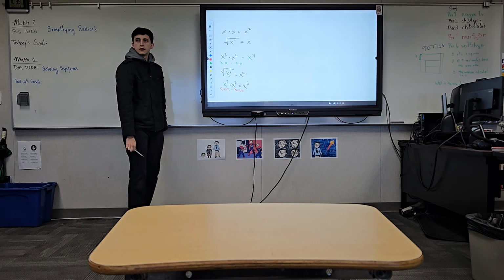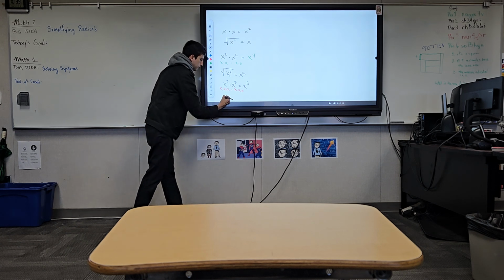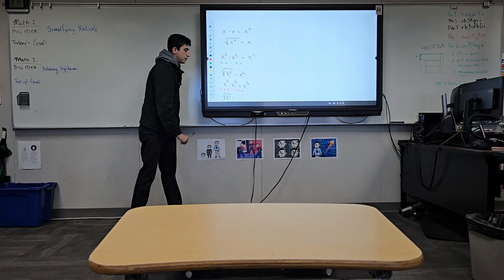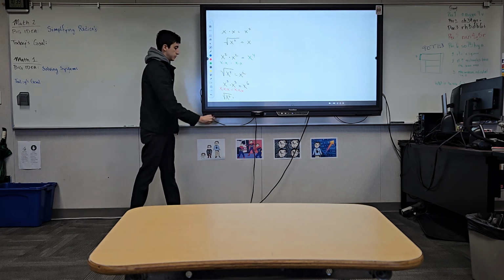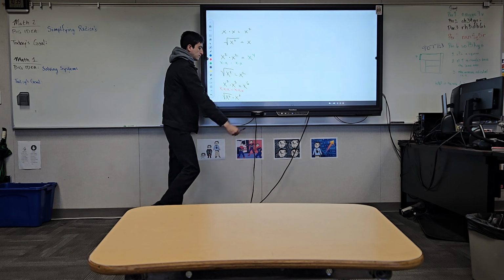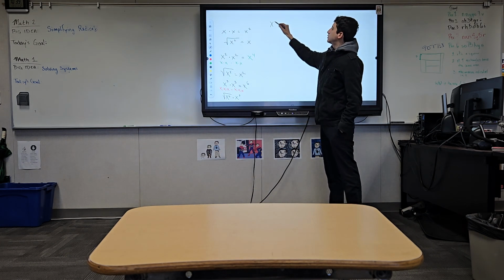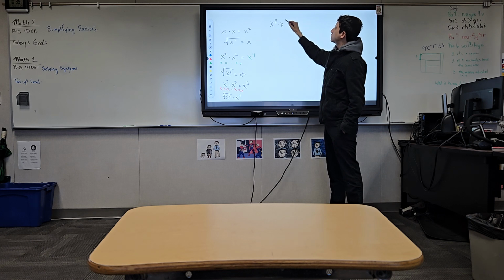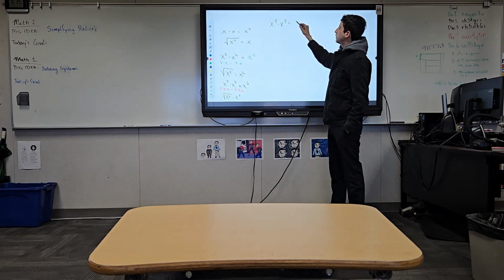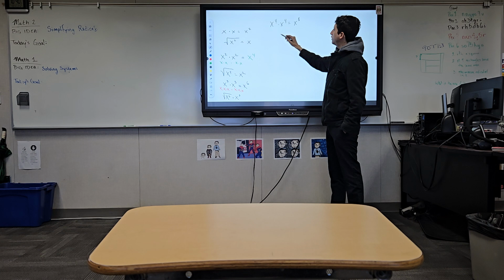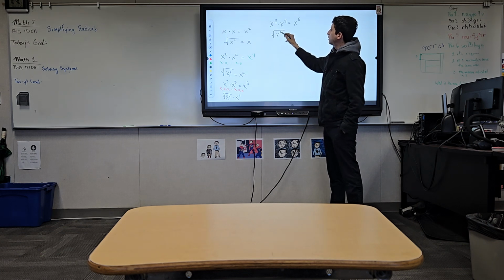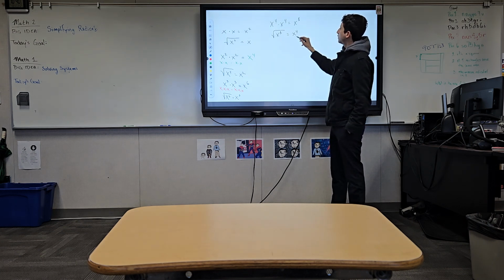It's x to the 6th power. So what is the square root of x to the 6th power? X to the 3rd power. Okay? What's x to the 4th power times x to the 4th power? X to the 8th power. And what's the square root of x to the 8th power? X to the 4th power.